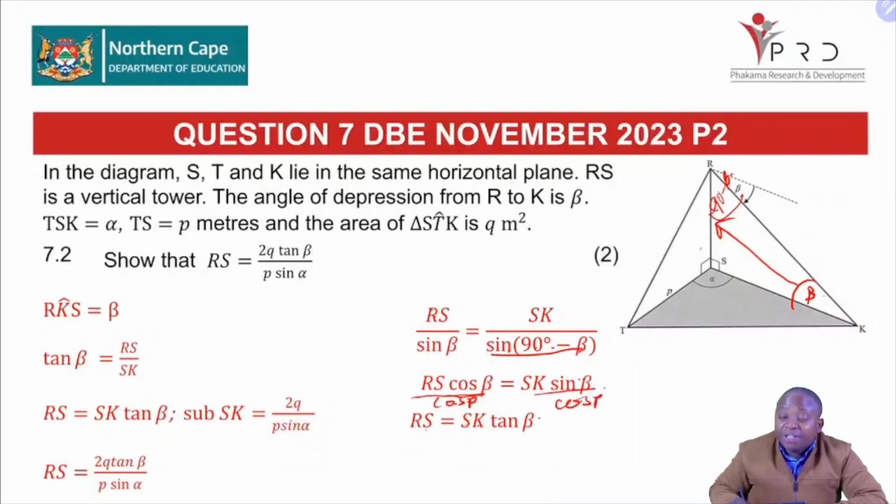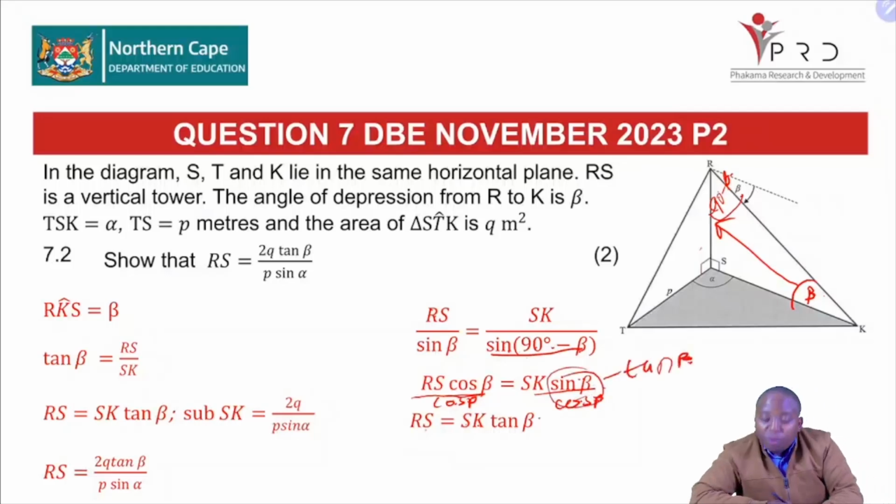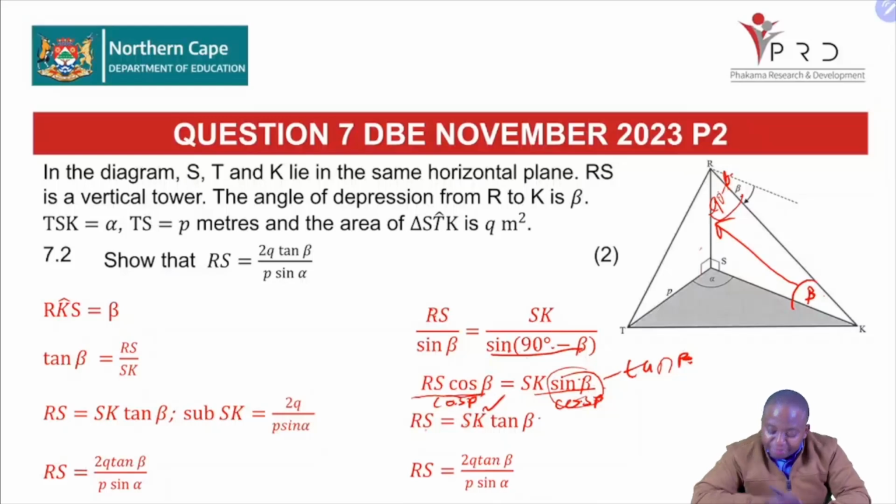So cos beta over sine beta becomes tan beta. Then I can substitute my SK in that space. Then I have RS equals 2Q tan beta all over P sine alpha.